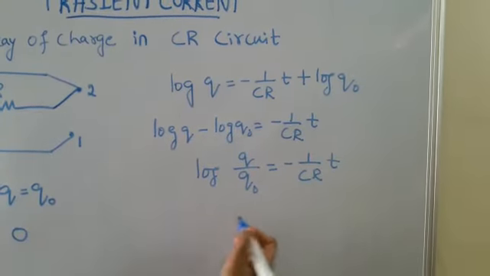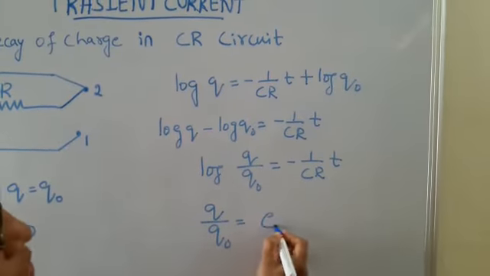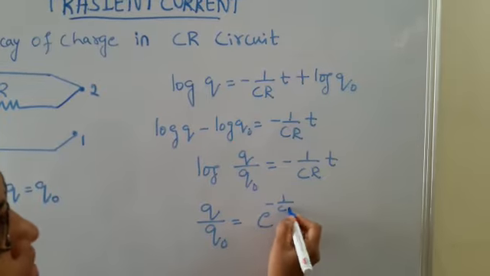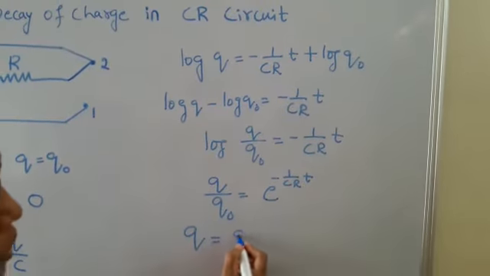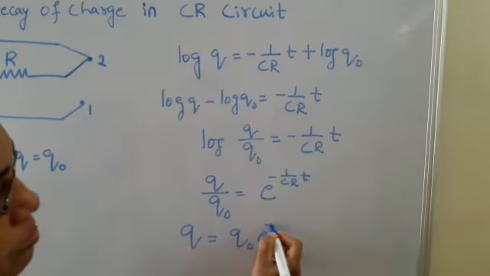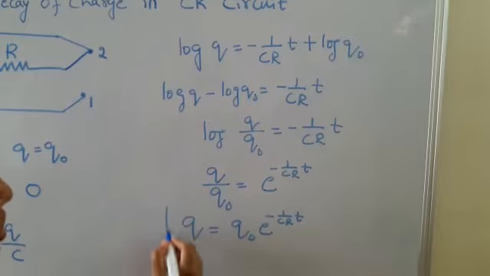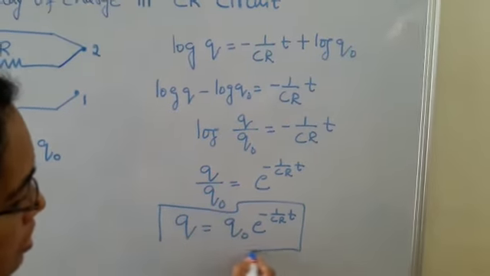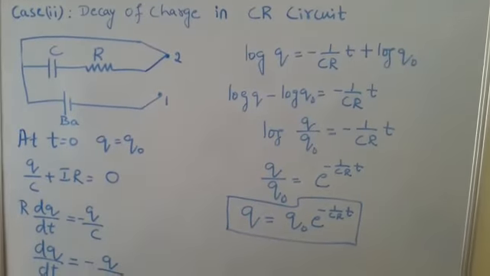Raising exponential on both sides, we have Q by Q0 equals e to the power of minus 1 by CR into t. Or finally, Q equals Q0 into e power minus 1 divided by CR into t. This is the expression for charge during the decay in a CR circuit.